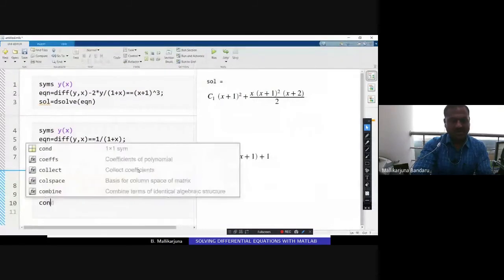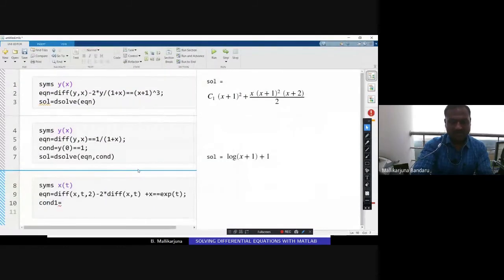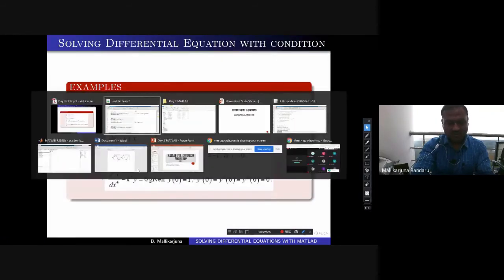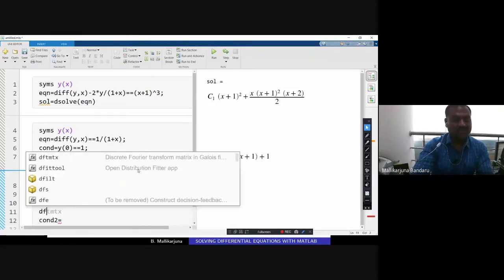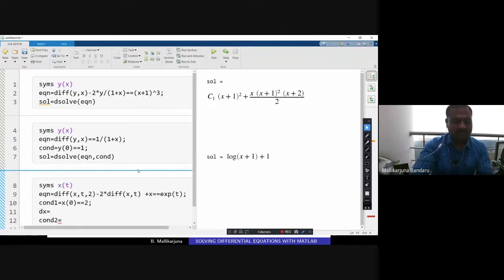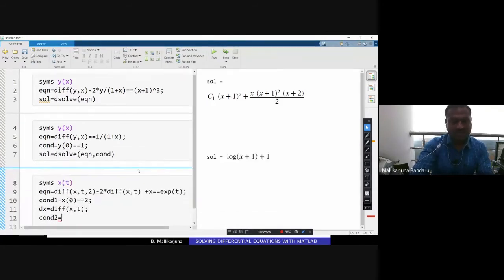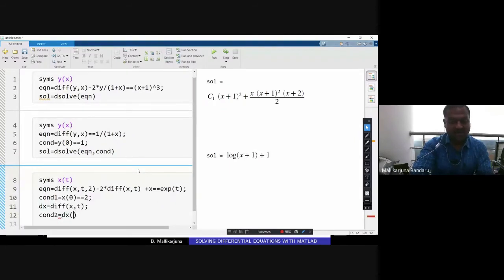Now there are two conditions. One is x of 0 is equal to 2. What is the other condition? That is the differentiation of x with respect to t. First we assign a variable for that, and now dx of 0 is equal to minus 1.